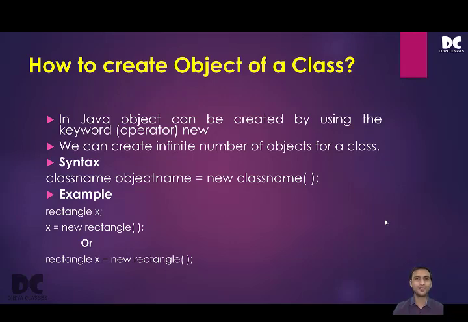So you already know how to create an object for predefined classes. Now we are going to create objects for user defined classes. You can see here we have written the syntax: class name, object name equal to new class name, and then the brackets. We are going to understand how to create an object through a simple program. I will tell you everything in a program so that it will be easier to understand.